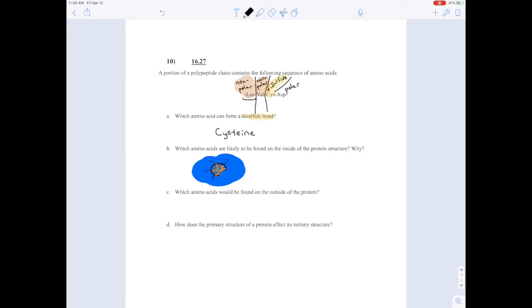So which ones are likely to be found on the inside? Leucine and valine are likely to be found on the inside of the protein because they are non-polar and the outside of the protein is facing polar water.